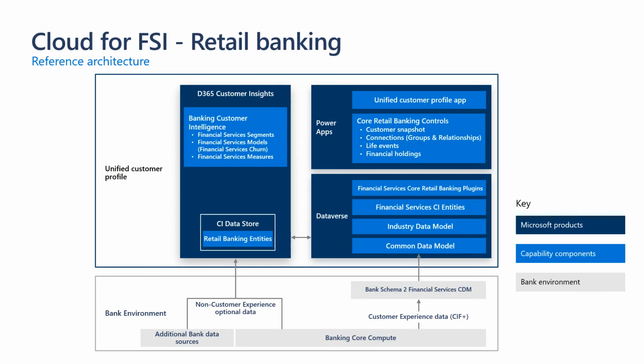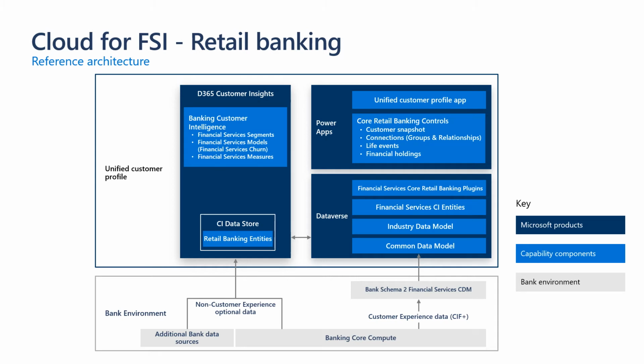The high-level reference architecture for retail banking includes different Microsoft products, capability components, and the bank environment. The core here is the bank environment, which is connected to the core Microsoft products based on Dataverse or Power Apps, and also connected to Dynamics 365 Customer Insights, which includes different capabilities.